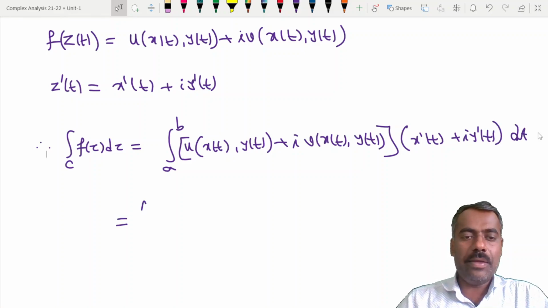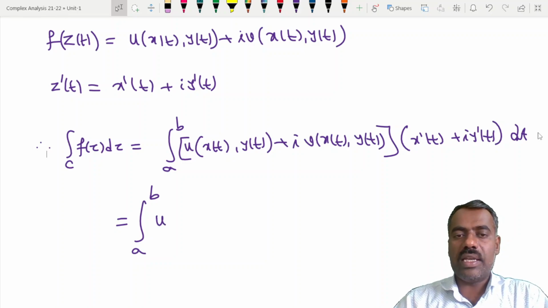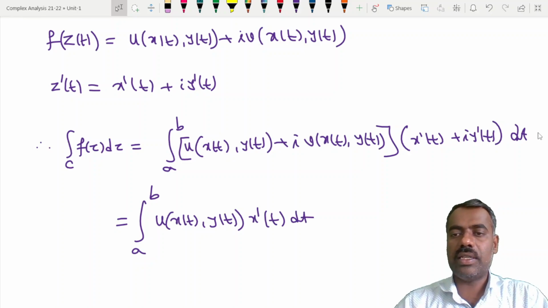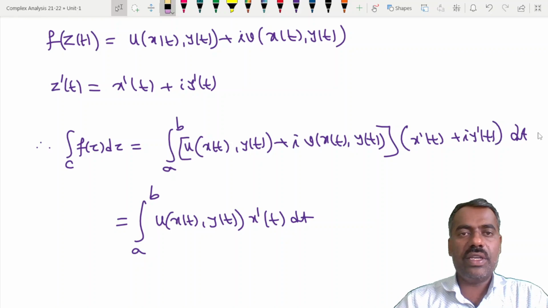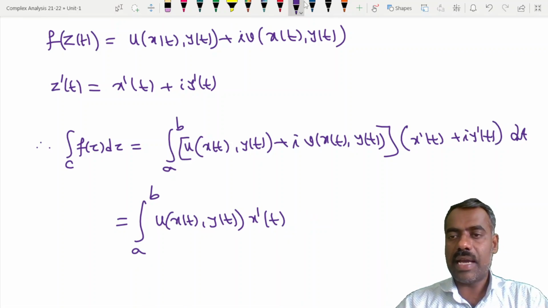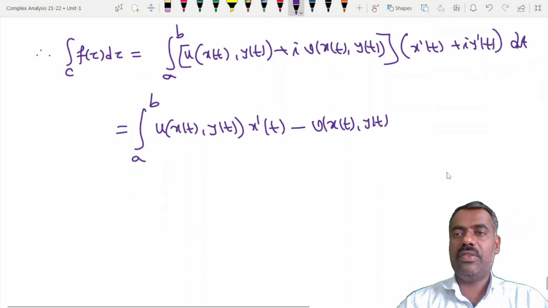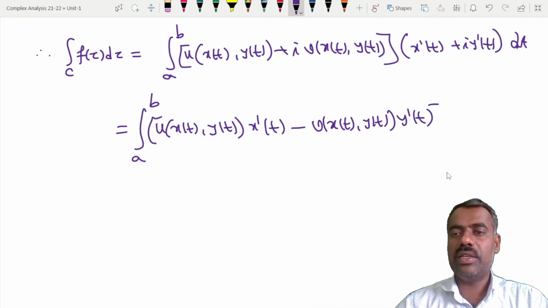Now if we multiply as a basic product, this is u(x(t),y(t)) x'(t) dt. Similarly, this i times i is i squared, so this becomes minus v(x(t),y(t)) y'(t) dt.